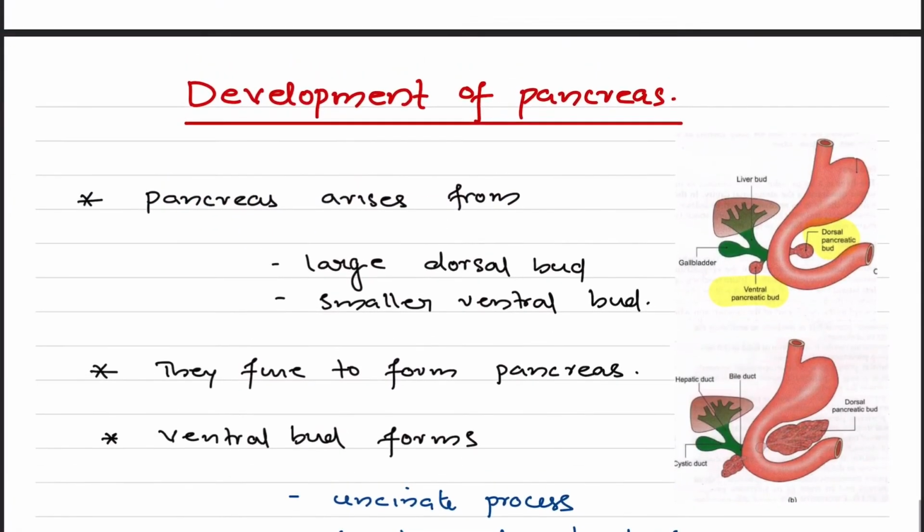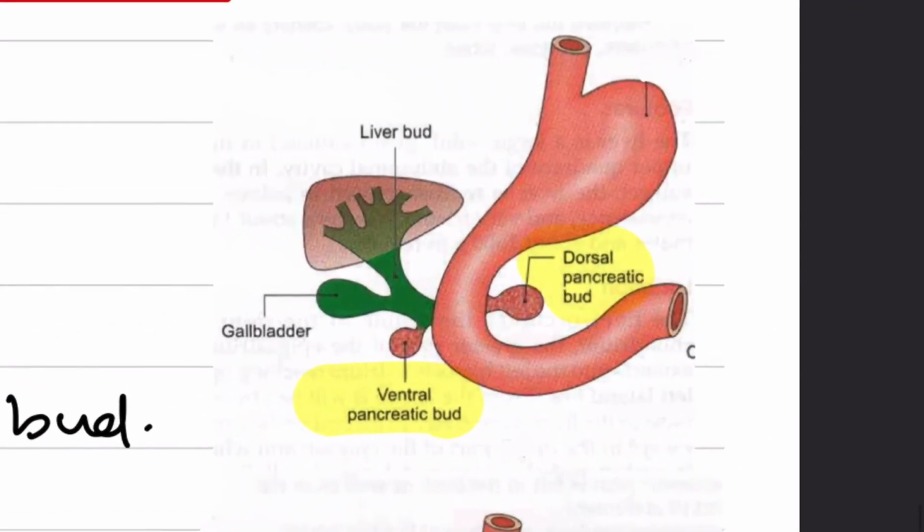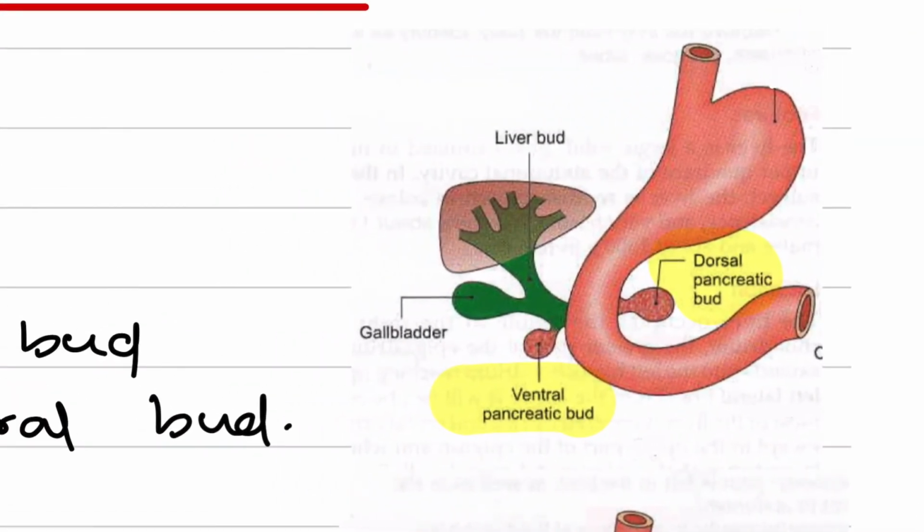Next we will discuss the development of pancreas. Pancreas arises from a large dorsal bud and a smaller ventral bud. See, during the development, it forms two buds. One is ventral pancreatic bud, the other one is dorsal pancreatic bud.